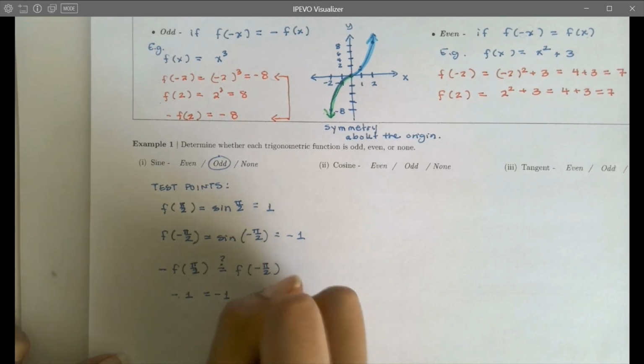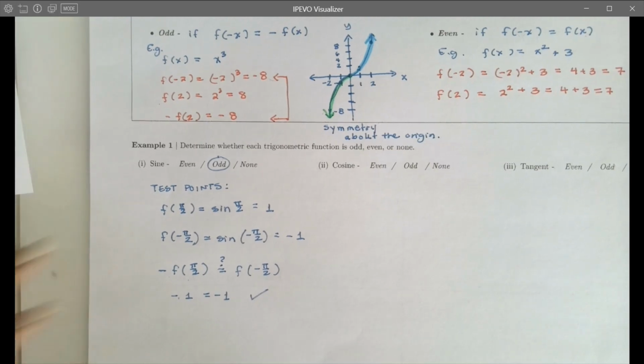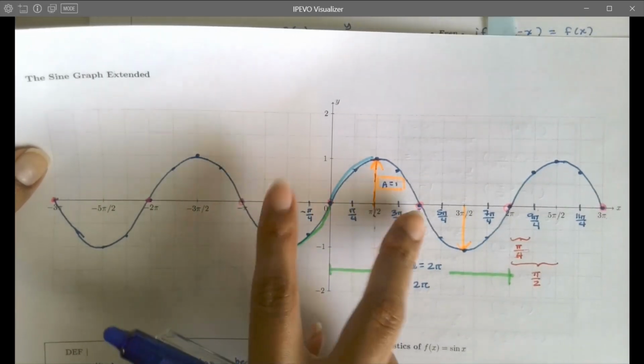That's a check. So even though we've only tested with 1 point, and that doesn't necessarily prove that it's odd in all cases, it does give us a good hint that it might be odd. And then we go and verify by looking again at the symmetry of the graph.